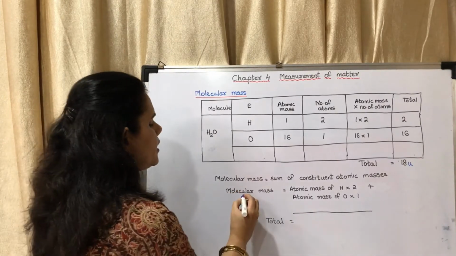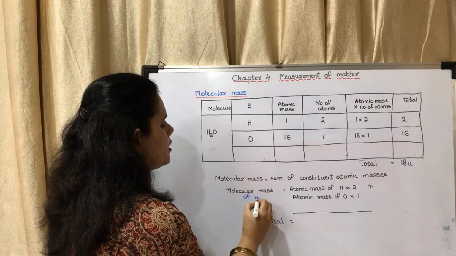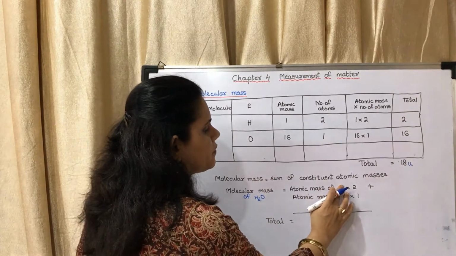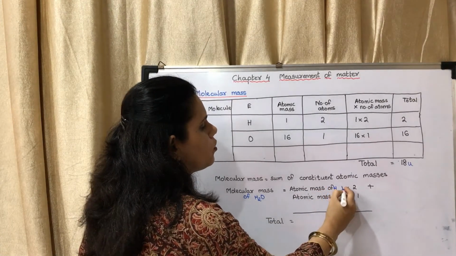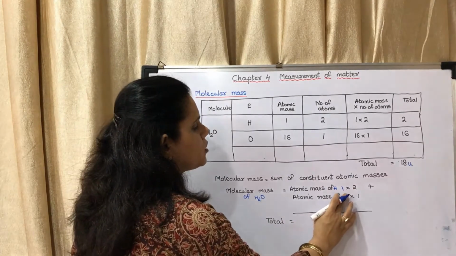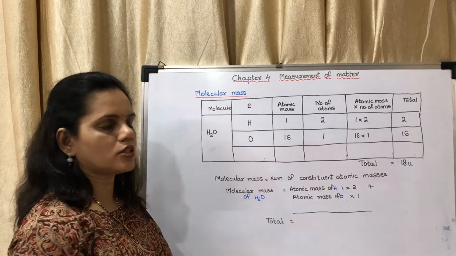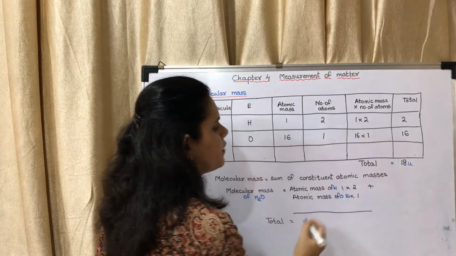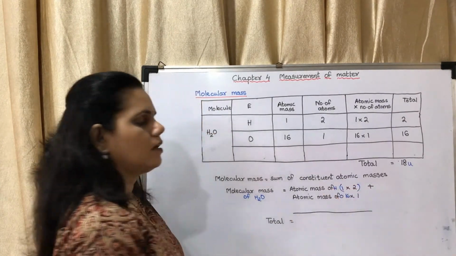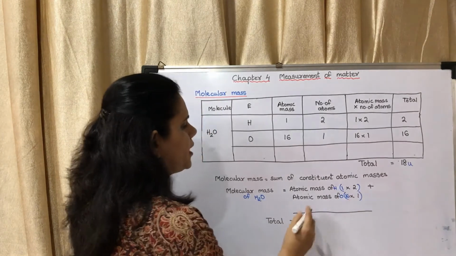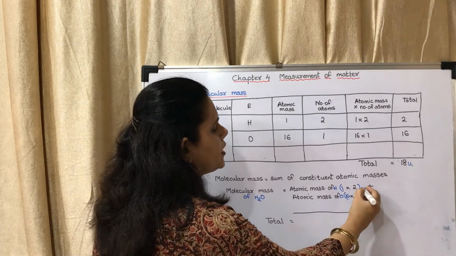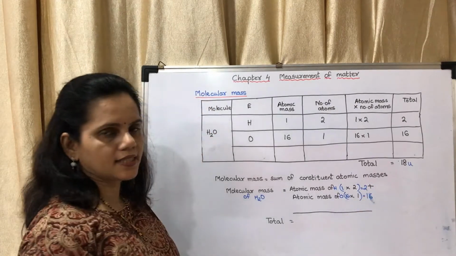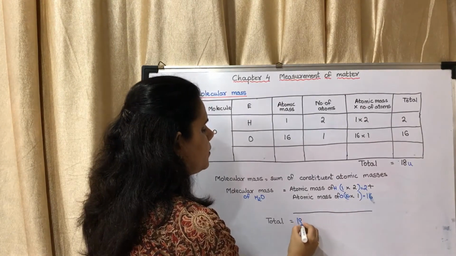Here, the molecular mass of water is equal to the atomic mass of hydrogen, which is 1, and the atomic mass of oxygen, which is 16. So it is 1 into 2 plus 16 into 1. 1 into 2 is 2, 16 into 1 is 16, and 2 plus 16 you will get the value as 18.